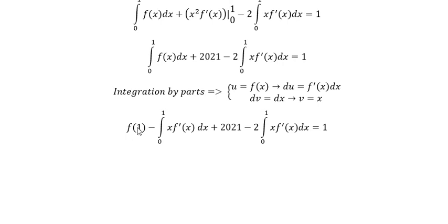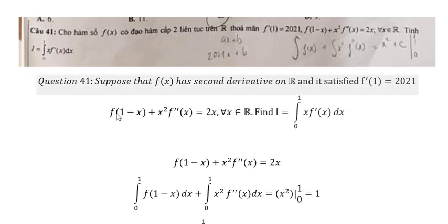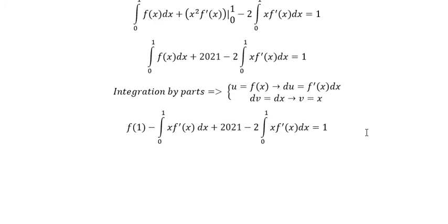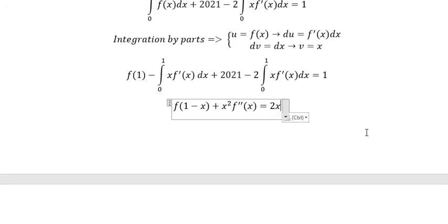About f of number 1, we go back to this equation here. If I put s equal to 0, this one goes to 0, and this one is multiplied with number 0 here. So later f of number 1 equals number 0.